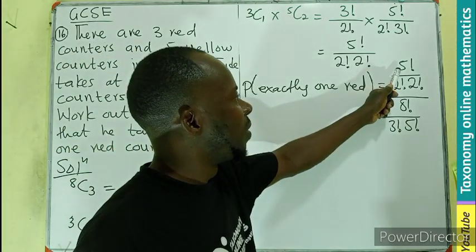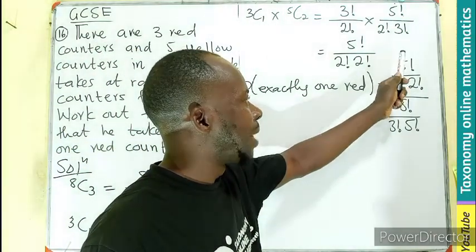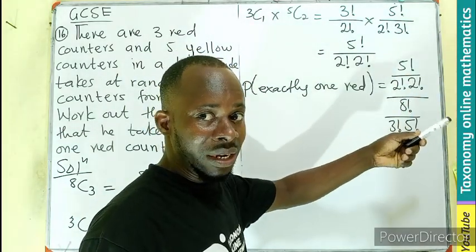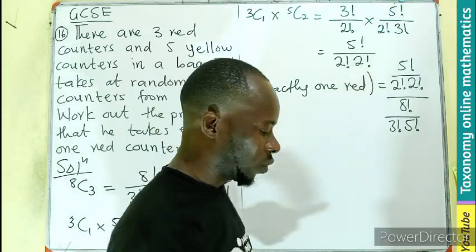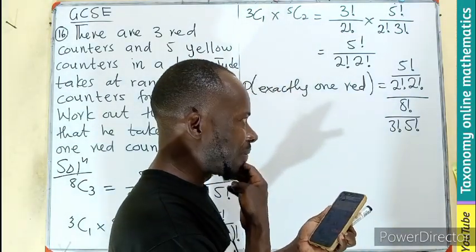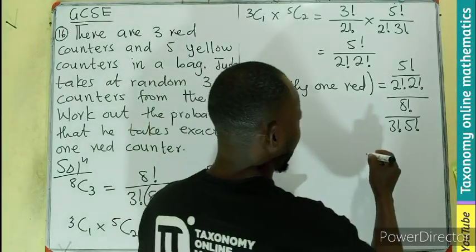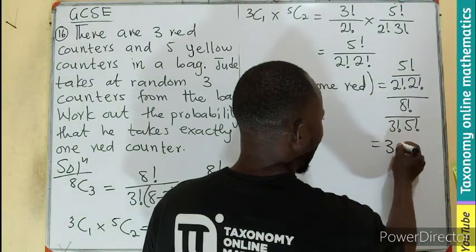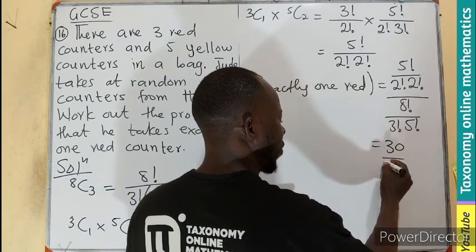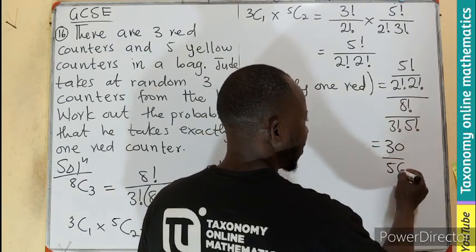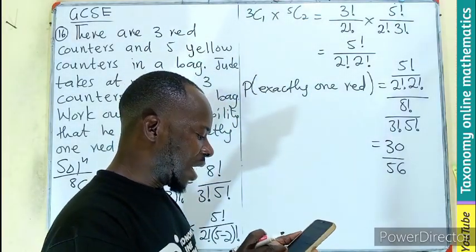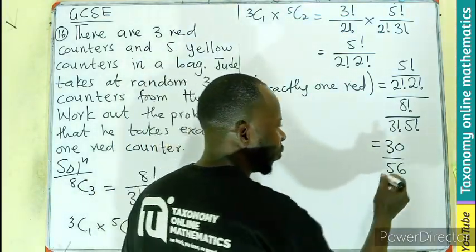This can be expanded: 5 times 4 times 3 times 2 times 1 divided by 2 times 1 times 2 times 1. Let's put them together and see. Our numerator will give us 30. Our denominator will give us 56. If I divide 56 by 2, I get 28.